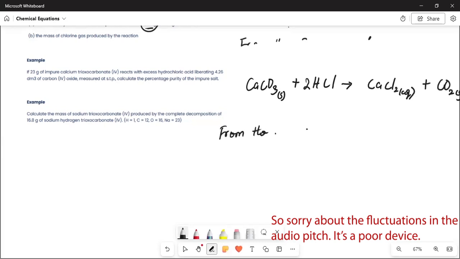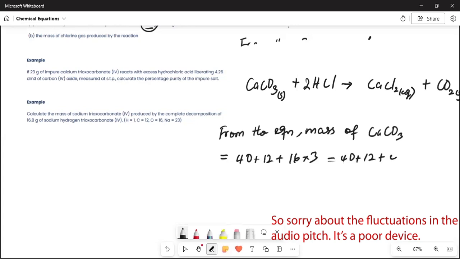So from the balanced equation, the mass of calcium carbonate is equal to calcium 40 plus carbon 12, plus oxygen 16 times the 3 atoms. So 40 plus 12 plus 48, which is 100. 100 gram of calcium carbonate reacts to liberate 4.26 dm3.